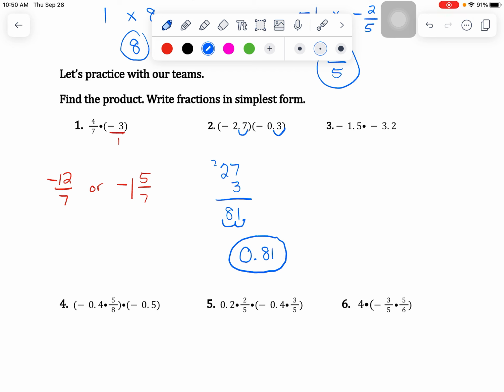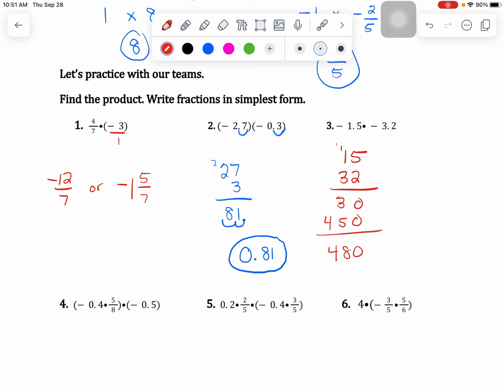In 3, we also have some decimals here, so I'm going to pretend that those decimals are not there, and I'm going to multiply 15 and 32. So when I do that, I end up getting 480.